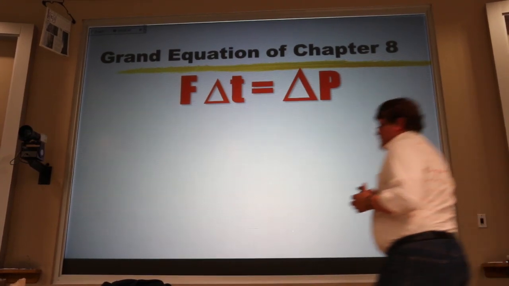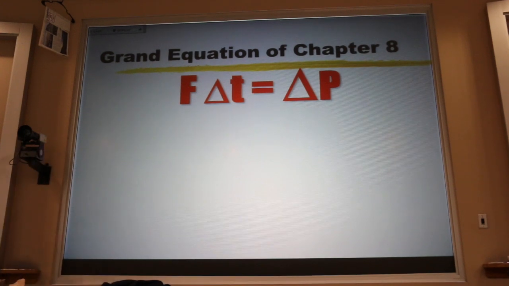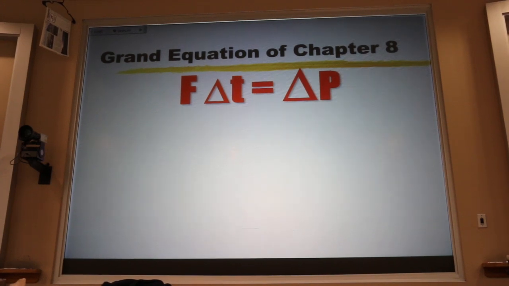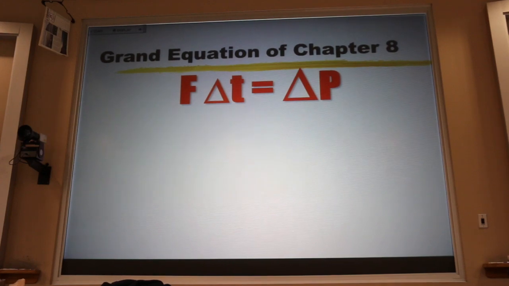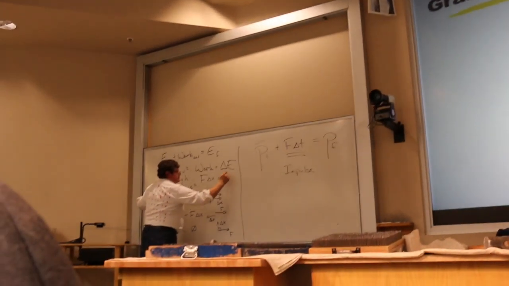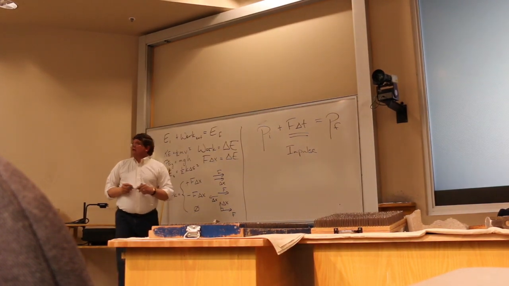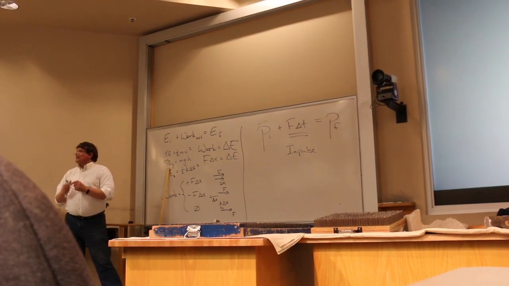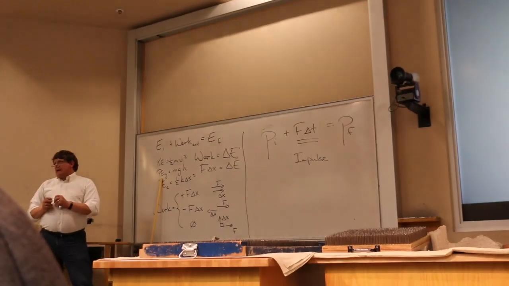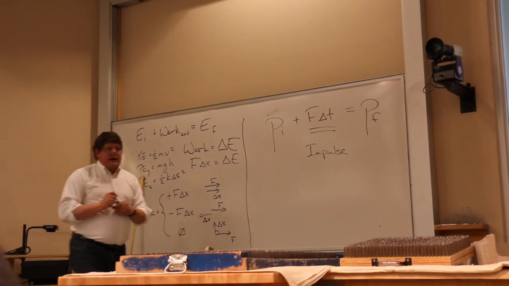Now, if I subtract the initial energy from this equation, I get work is what changes energy. And work being force times the distance. And you compare that to this equation up here, the difference is that we're talking about the time that the force acts and not the distance through which it acts.